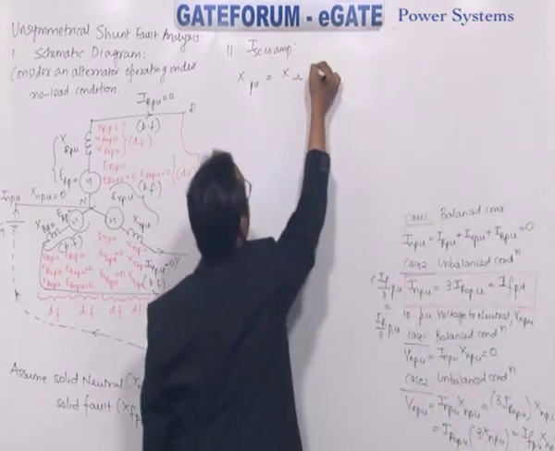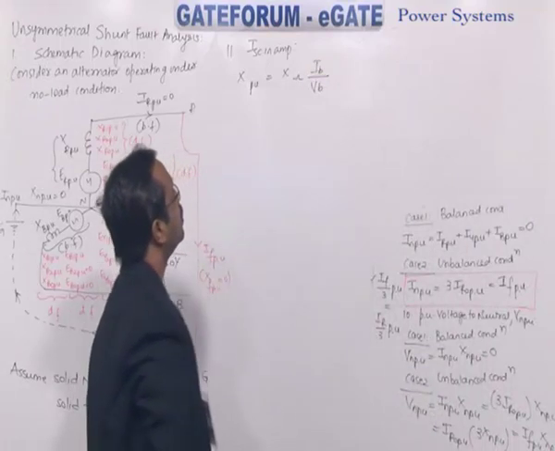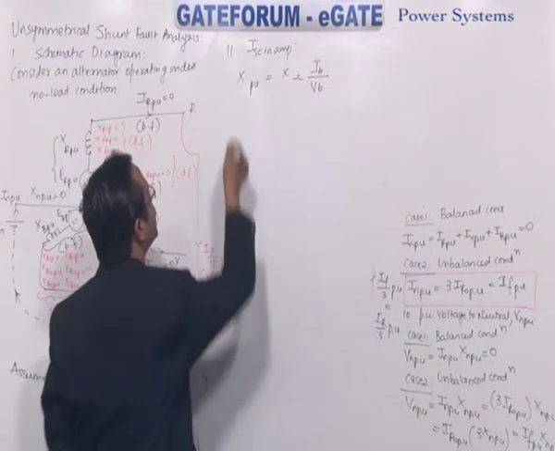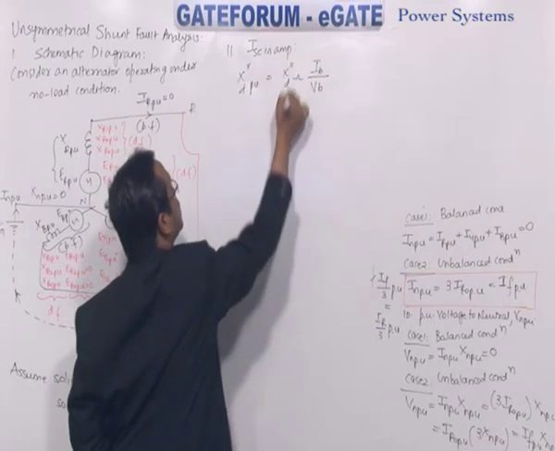Referring to XD double dash per unit, here it will be XD double dash in ohms.